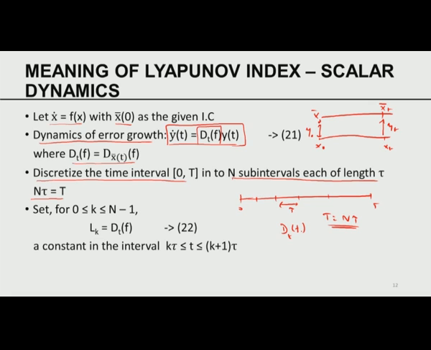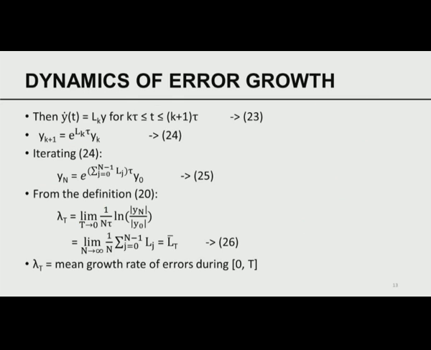That means the interval of time tau is so small that my Jacobian does not change too much within that small interval of time. Therefore, I am going to assume the Jacobian of f in a small interval going from k tau to (k plus 1) tau remains constant, and that constant value is Lk. So what is Lk? Lk is the constant value of the Jacobian of the system during the time of evolution from k tau to (k plus 1) tau. If tau is small, this is a reasonably good assumption to make.